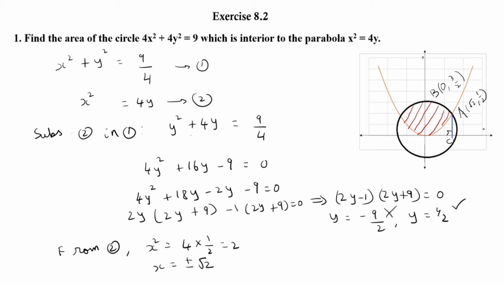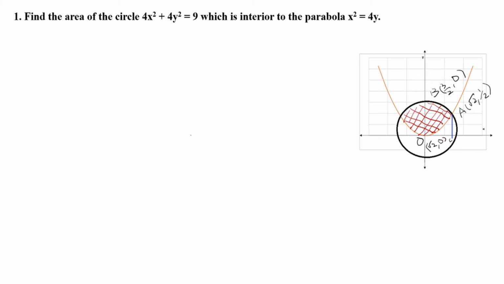So now we can find the area of the shaded region because we have found the coordinates for C, A and B. The required area is this shaded region, which is 2 times area of OAB. This region OAB we can find from area of OCAB minus OCA. So from this we can find the required area.